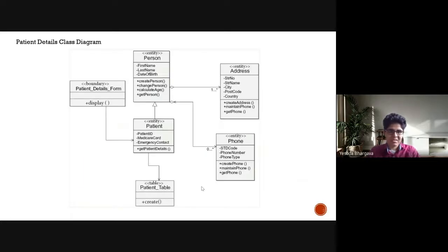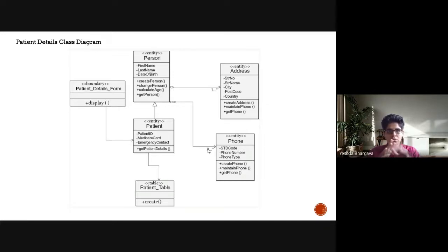So this is a patient class diagram that the authors have created. Here also they have followed the same conventions, although they have not mentioned the names of the associations. But I would not advise you to do that because it is really not clear to the reader or the reviewer how they are associated.